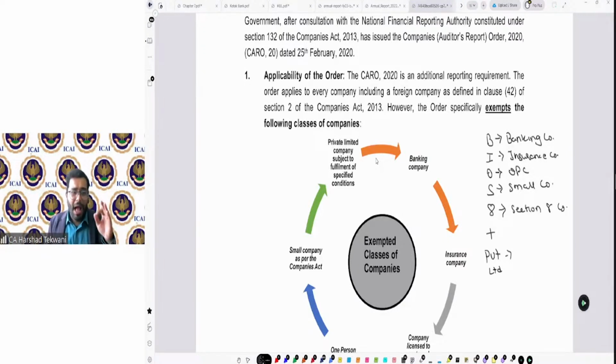So these companies are currently exempted from the applicability of CARO. CARO is not applicable to them.